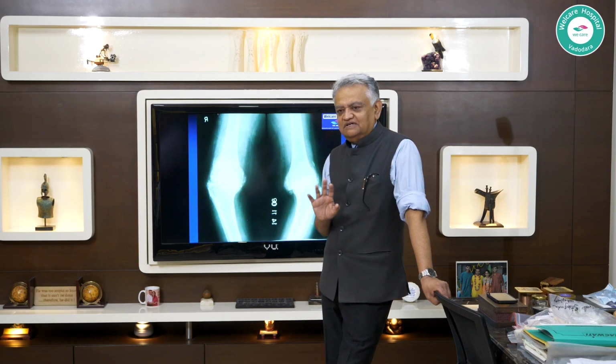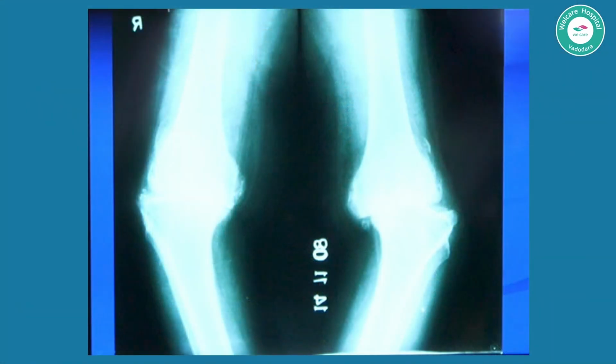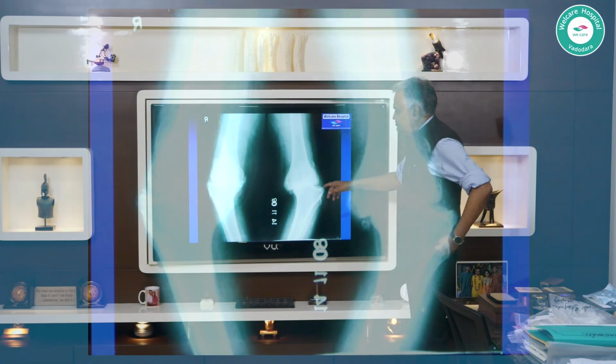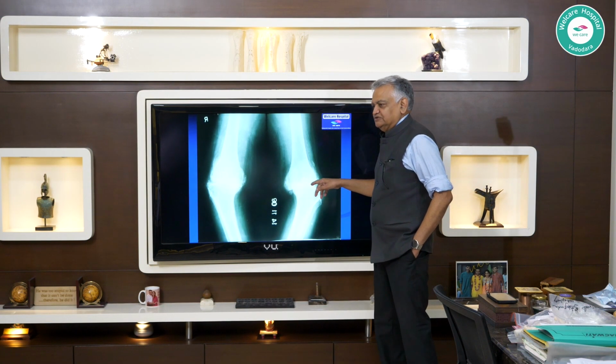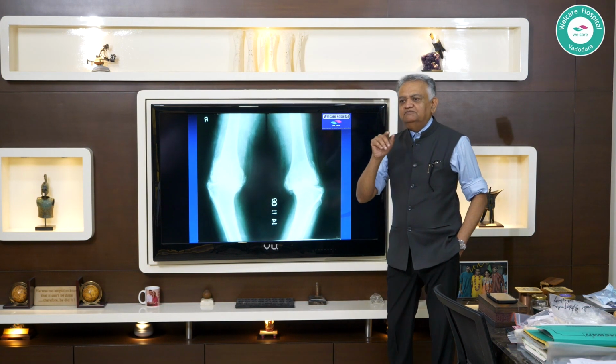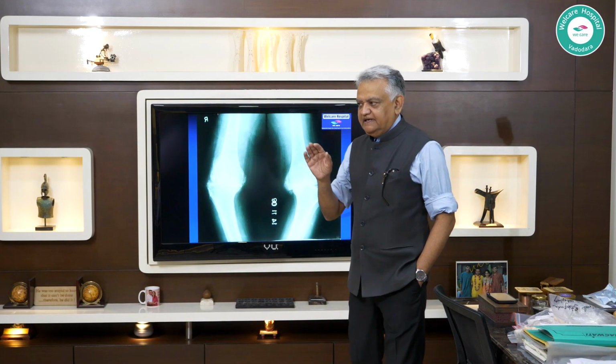Otherwise, you will never become a surgeon of the caliber that the opportunity presents. So, the bone loss is also a very important part of your assessment at this level.